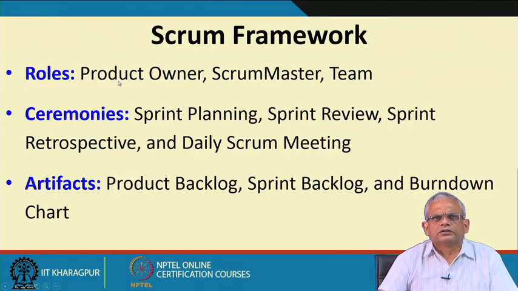The product owner and Scrum master are distinguished team members. In the Scrum framework, some ceremonies or meetings are required to be conducted: the sprint planning meeting, sprint review meeting, sprint retrospective meeting, and the daily Scrum meeting. Let us look at these meetings.